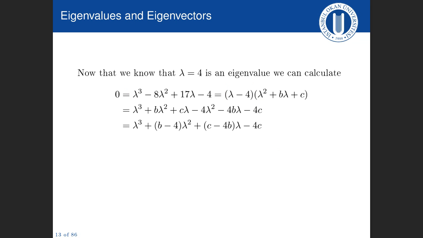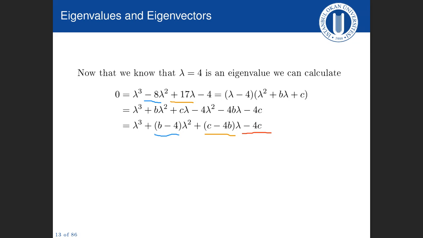If we multiply this out, you can check, we get lambda cubed plus b minus 4 lambda squared plus c minus 4b lambda minus 4c. b minus 4 must be the same as minus 8. c minus 4b must be the same as plus 17.